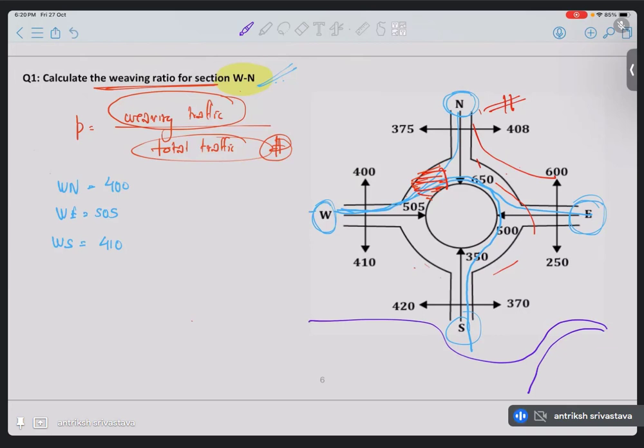But if they want to go right, that is if they want to go north, they will have to come here, rotate the whole rotary, and then go to this. So the traffic going from east to north is going to go through this weave, the same as west to north, and that value is given to us as 600. Okay, good.